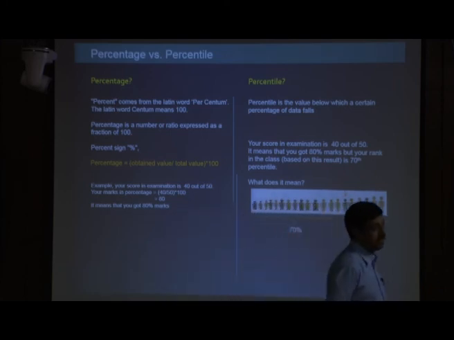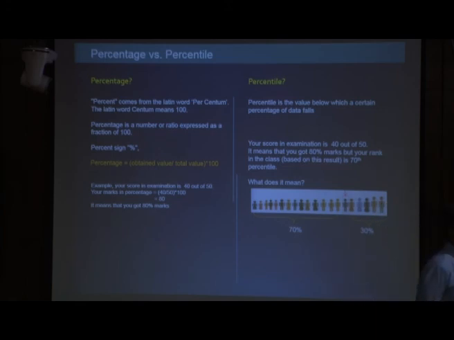It means 60% of students got marks below your mark, and above you, 40% of students got more than you. So that's why your position in the class is 60th percentile.